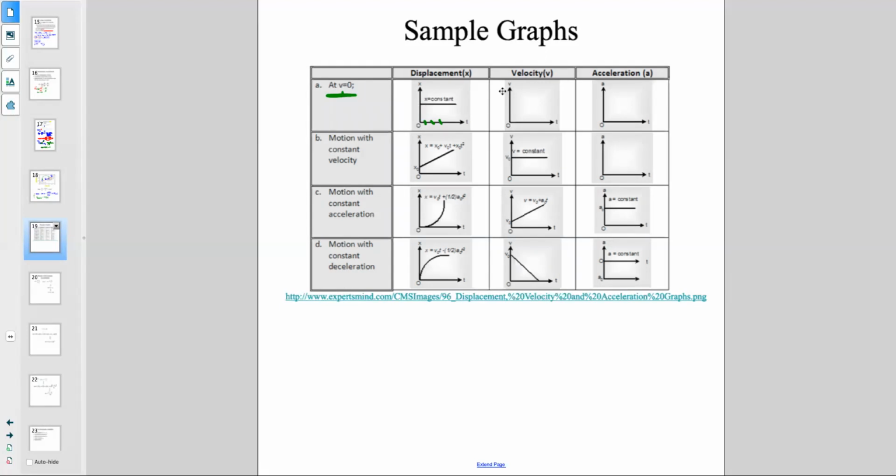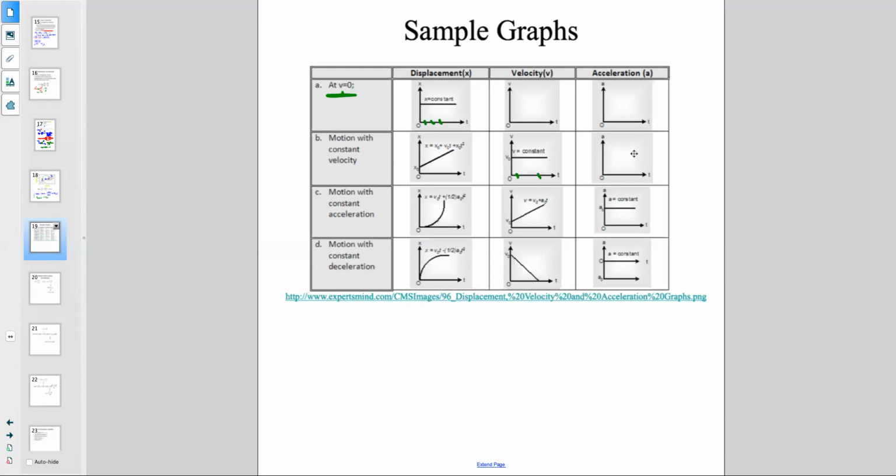Motion with constant velocity will have a line like that. An xt graph will be a straight line, or a linear relation, because the velocity is not changing over time. See, the velocity at this point is exactly the same as the velocity at this point.